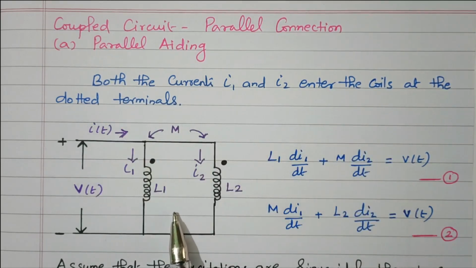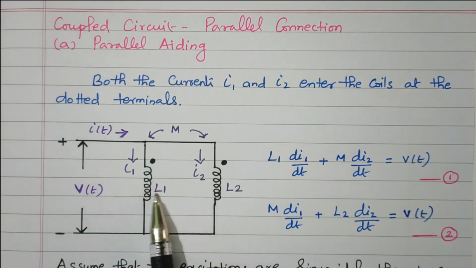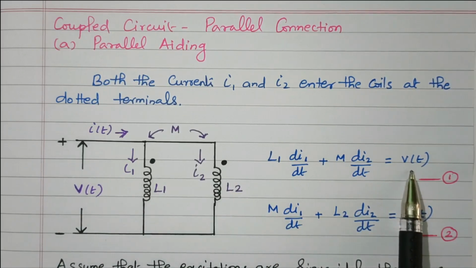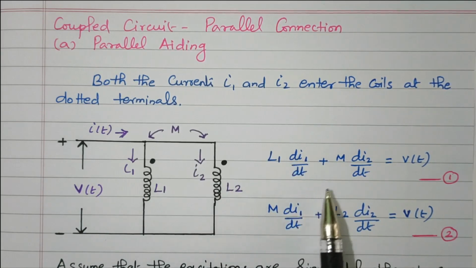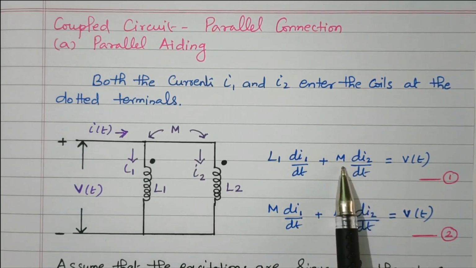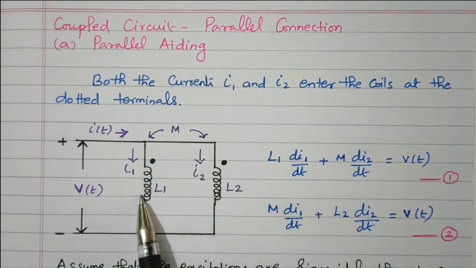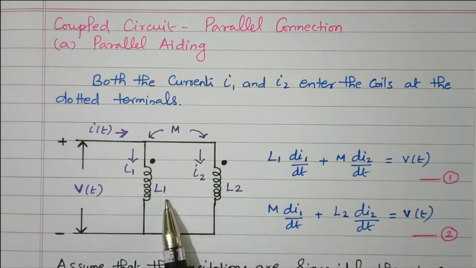Now by using KVL, we can frame the equation for L1 as well as L2. The supply voltage V of t is applied to both L1 and L2, since they are connected in parallel. So the supply voltage V equals the inductive drop L1 di1 by dt plus M di2 by dt. The mutual inductance in coil L1 is due to the second coil current I2.